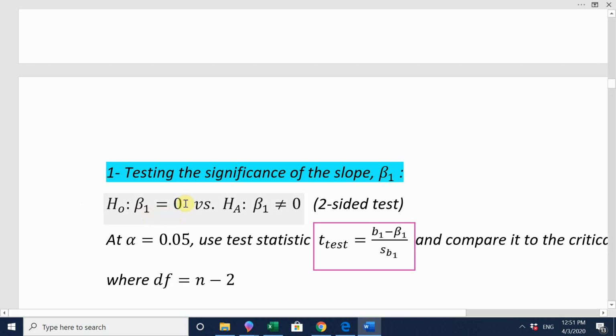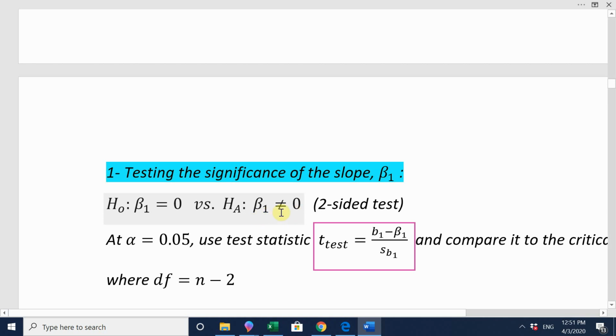Remember that in hypothesis testing, we always use population parameters in our hypothesis statements, right? So here we're saying that for the null hypothesis, and the alternative, we're saying that there is a positive or negative change in mean value of y as a result of a unit increase in x.